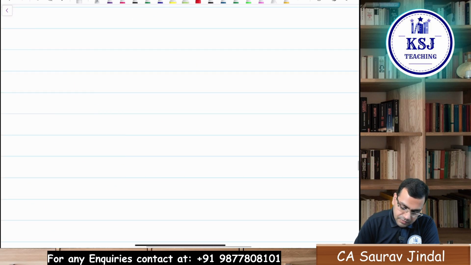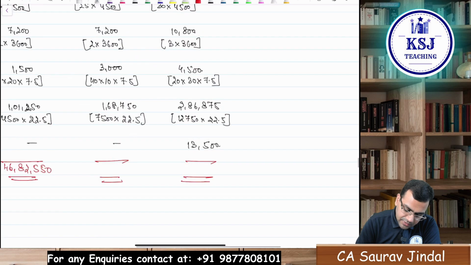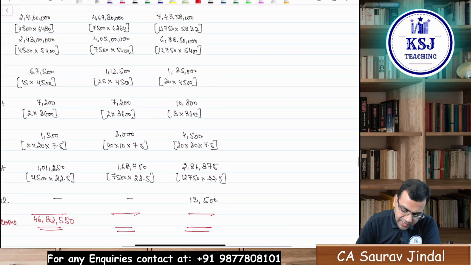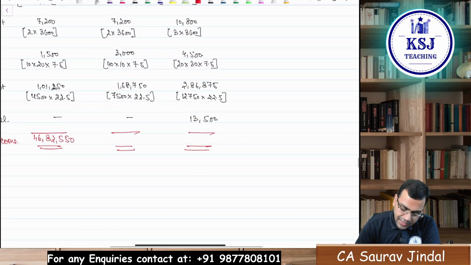Now for D and E we need to calculate. Let's calculate for D. For D it is 4 crore 69 lakh 80,000 minus 4 crore 5 lakhs minus 1,12,500 minus 7,200 minus 3,000 minus 1,68,750. So that comes to 61,88,550.